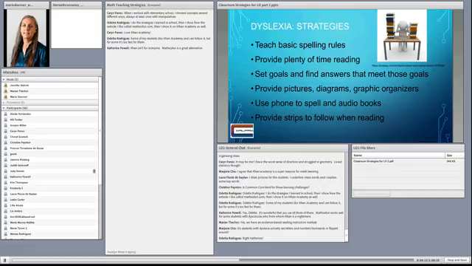Dyslexia strategies. I tell students that English is crazy, that we are a mutant language, a language of war. We've adopted words from the Vikings, from French, from German, from you name the country, and we've stolen words from there.